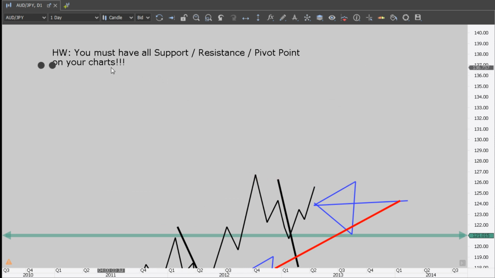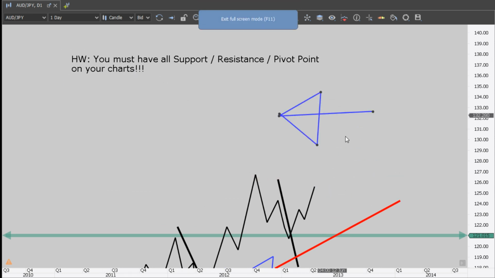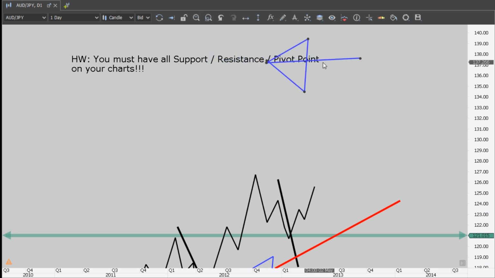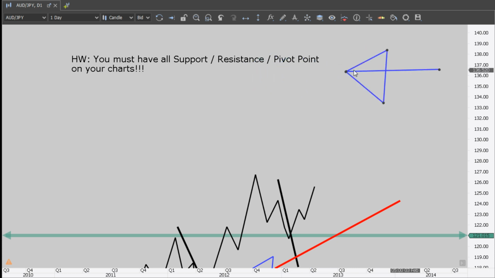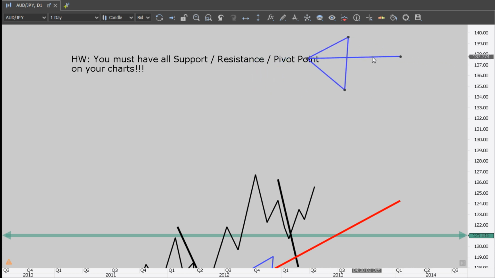Everybody, there is no right or wrong, and some of you can say, well, I'm not going to use support, resistance and pivot points because I don't like them. And this is your decision and we respect this, okay? We have traders that don't use Fibonacci because they don't like Fibonacci, and we respect this, okay?